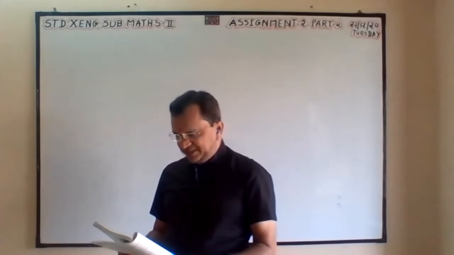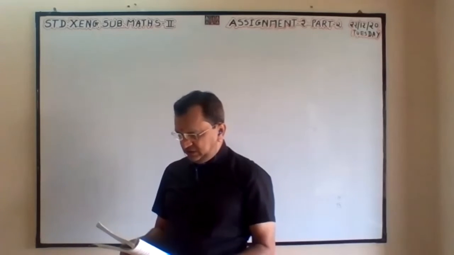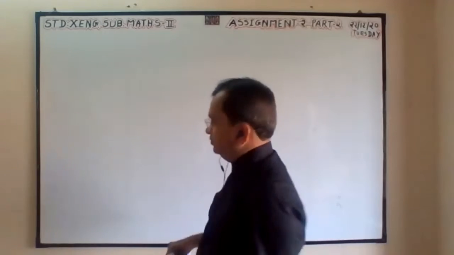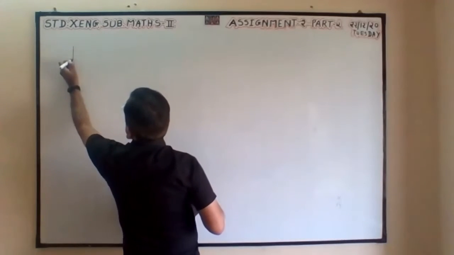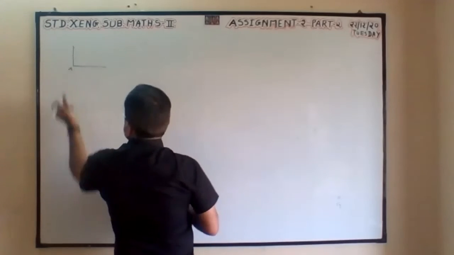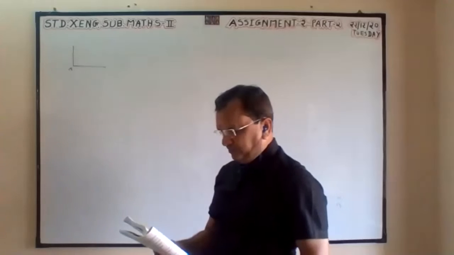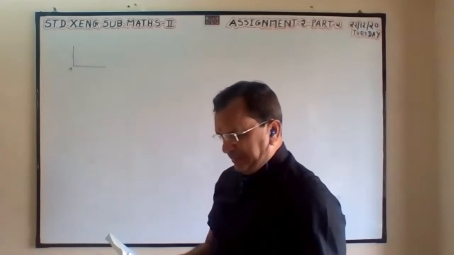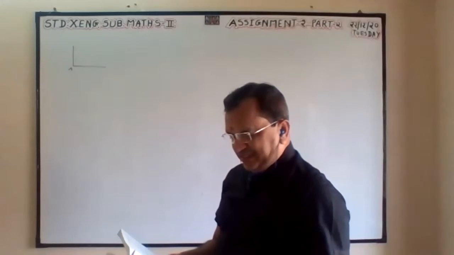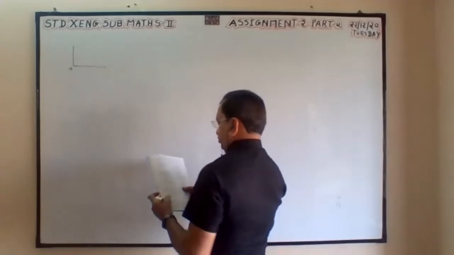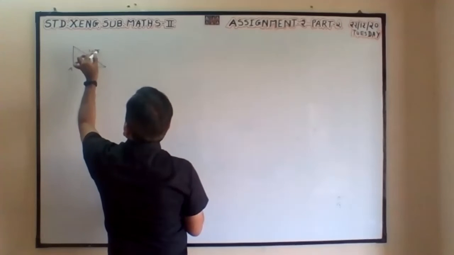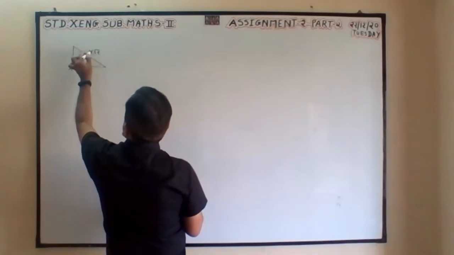Pranali and Prasad started walking to east and to north from here at the same speed. After 2 hours, the distance between them was 15 root 2 kilometer.